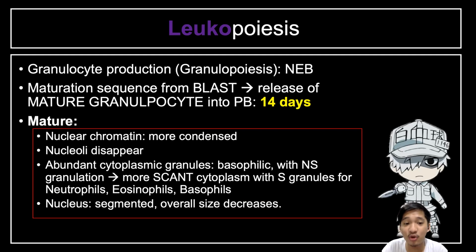Usually, the nuclear chromatin is more condensed. The nucleoli disappear, and from the abundant cytoplasmic granules, which are very basophilic, with non-specific granules, the cell will become more scanty in cytoplasm, meaning it will decrease its amount of cytoplasm, with specific granules for the neutrophil, eosinophil, and basophil.